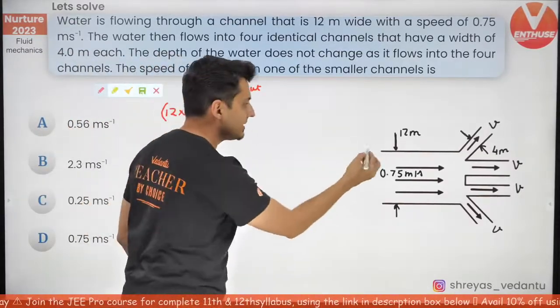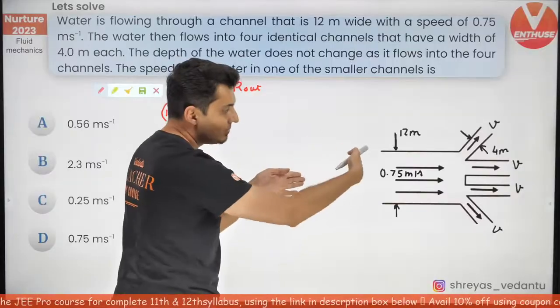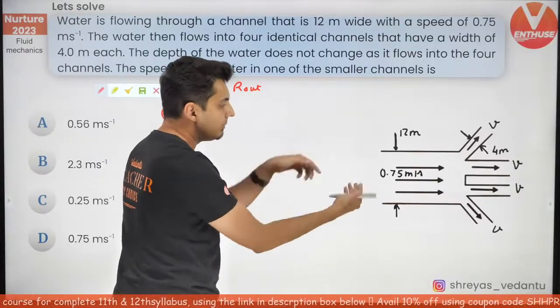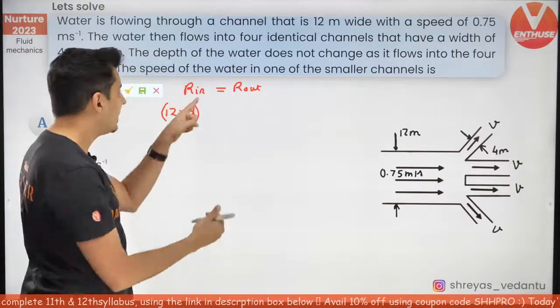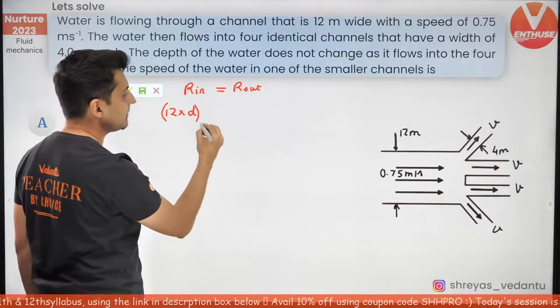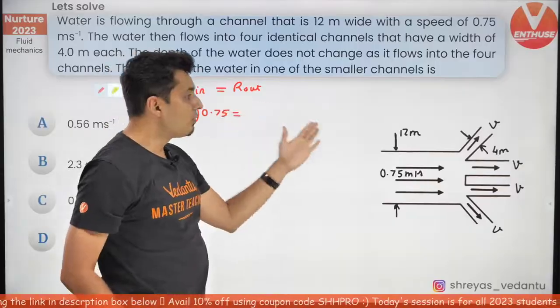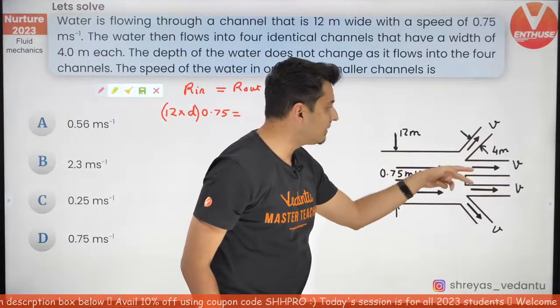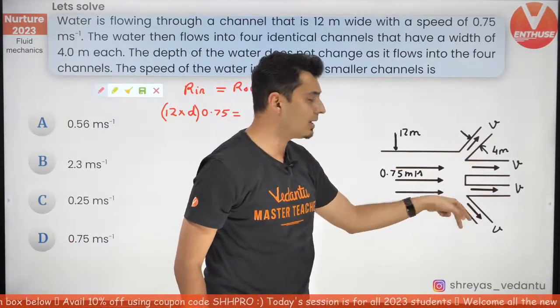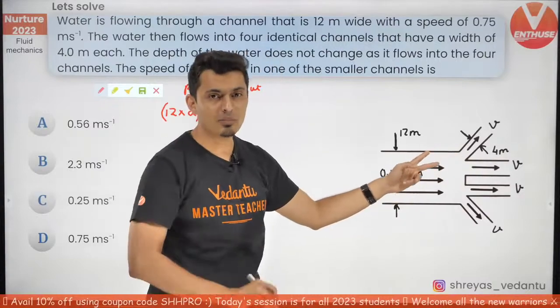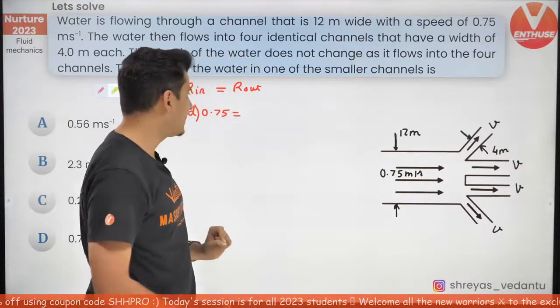I hope you visualize this. This is the top view, so there is some depth associated with it. Depth into width will give me the area, into the speed, which is 0.75. The liquid is flowing out at 4 different places, 1, 2, 3, 4. All of them are of the same width, same height, same speed.